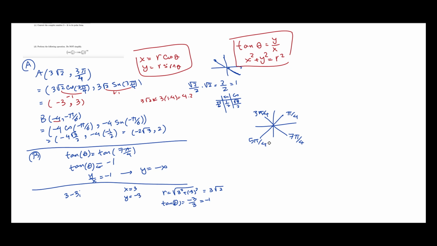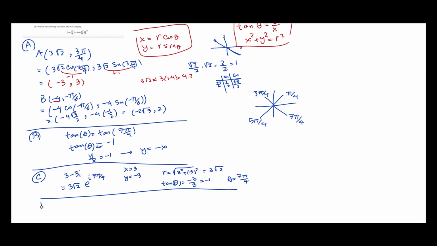And in the fourth quadrant, theta has to be, we just did that, 7 pi over 4. So 3 minus 3i is equal to 3 square root of 2 e to the power i 7 pi over 4.